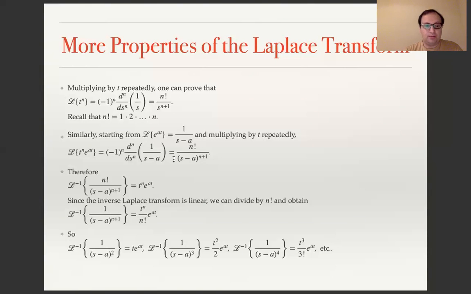Okay, so now we also want to compute some inverse Laplace transforms. So from this formula, we get that the inverse Laplace transform of n factorial over s minus a to the n plus 1 is t to the n times e to the at.